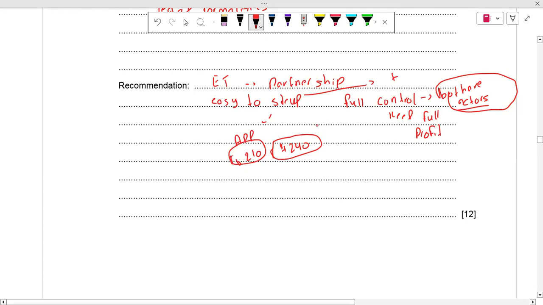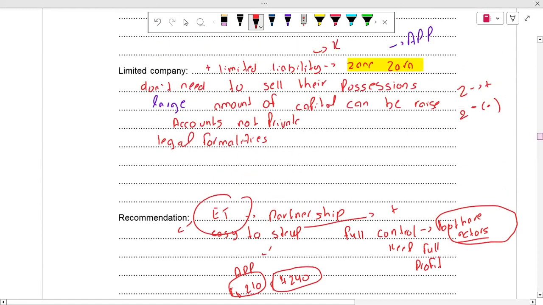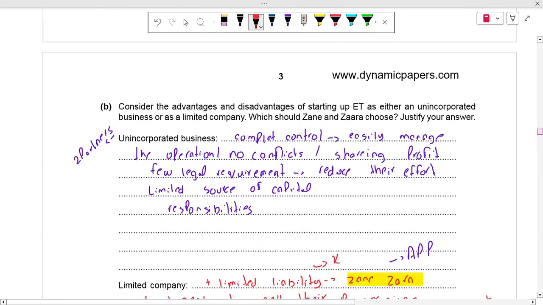So that's why we can say that our recommendation is this: partnership or unincorporated business is very important for ET, because if we see cost wise, profit wise, experience wise, control wise, partnership business is a very effective business structure at this stage.